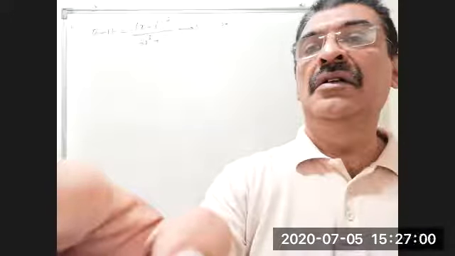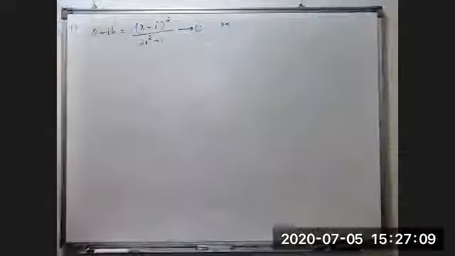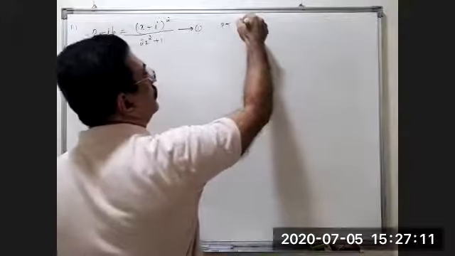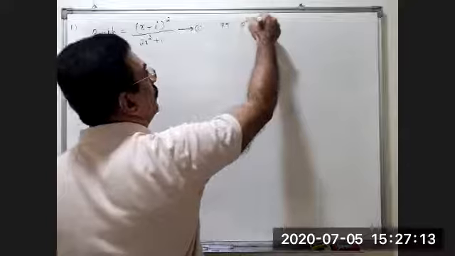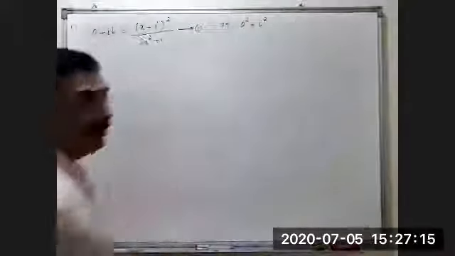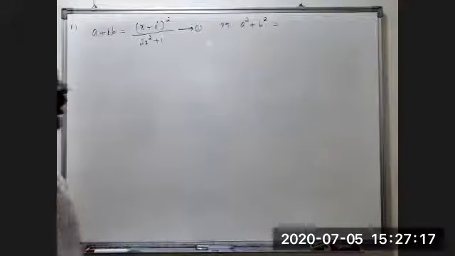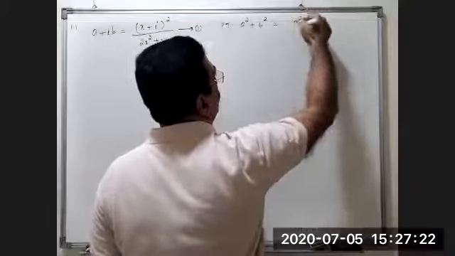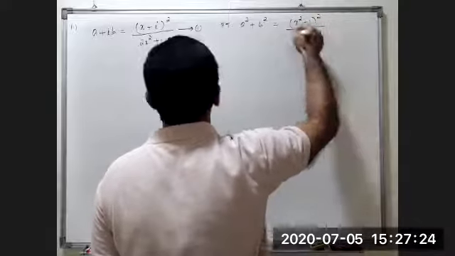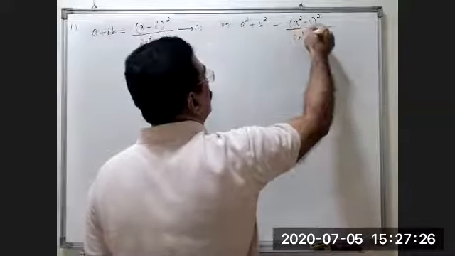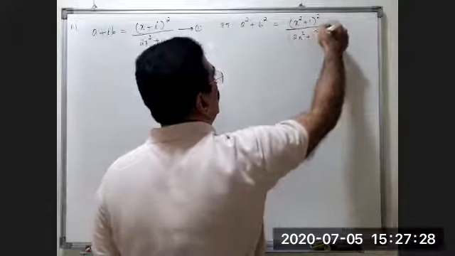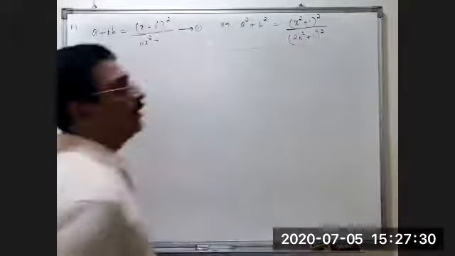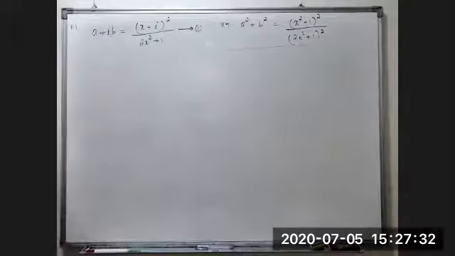Prove that a² + b² is (x² + 1)² by (2x² + 1)². This is what we prove: a² + b² is (x² + 1)² by (2x² + 1)².